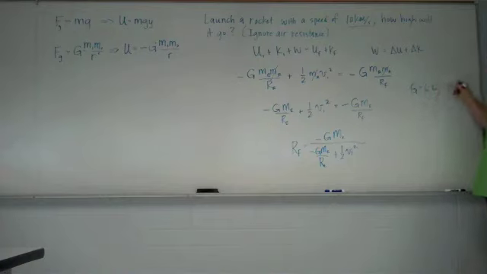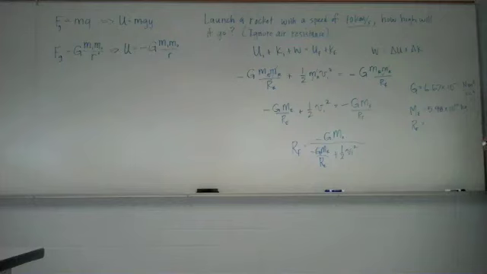So G is 6.67 times 10 to the negative 11. Mass of the Earth, 5.98 times 10 to the 24, I believe. If someone wouldn't mind looking up the radius, it's like 6.3 something.